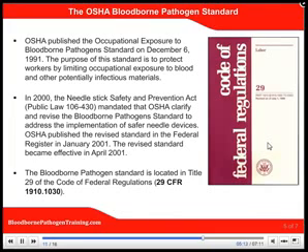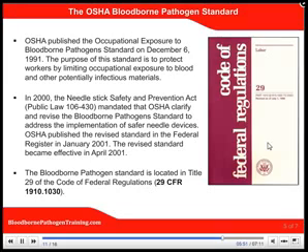The OSHA Blood-Borne Pathogen Standard. OSHA published the Occupational Exposure to Blood-Borne Pathogens Standard on December 6, 1991. The purpose of this standard is to protect workers by limiting occupational exposure to blood and other potentially infectious materials. In 2000, the Needle Stick Safety and Prevention Act, Public Law 106-430, mandated that OSHA clarify and revise the blood-borne pathogens standard to address the implementation of safer needle devices.